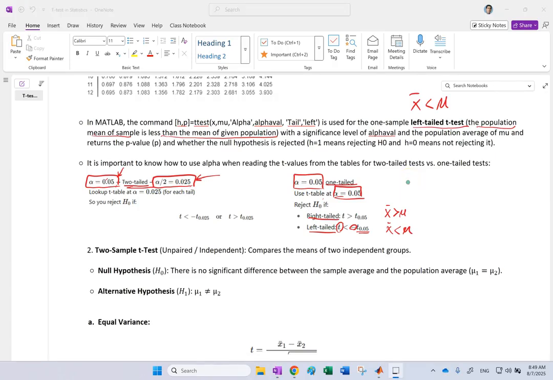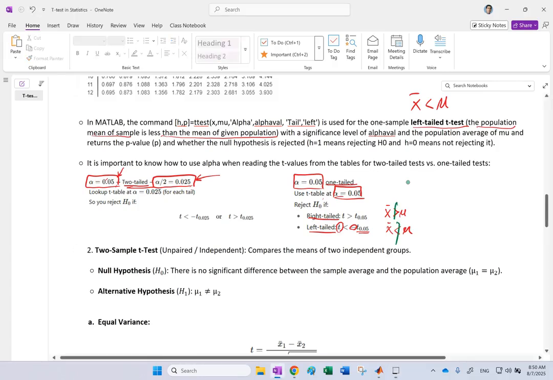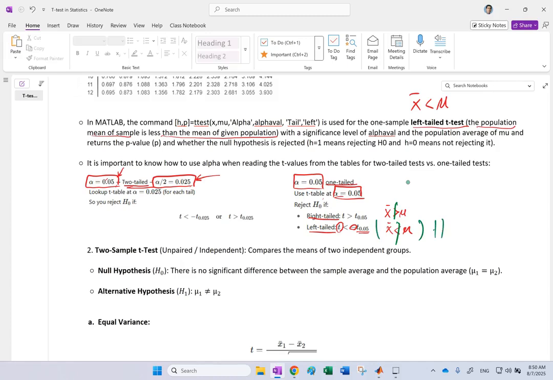You might say, well, your left-tail test was X bar is less than mu and you rejected it, which means it's not less than mu. No. Actually, your null hypothesis is always that this thing is not correct. If you really want to be correct, your null hypothesis is that X bar is not less than mu. This is your H naught, and your H1 is that X bar is less than mu.